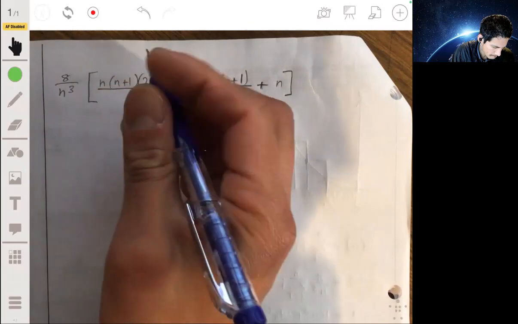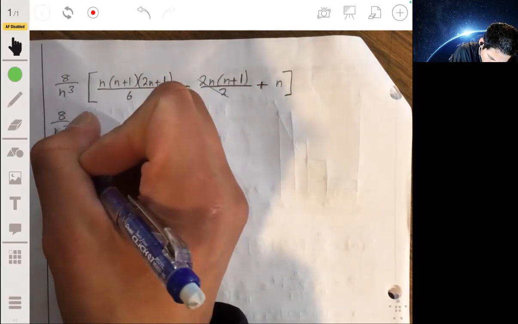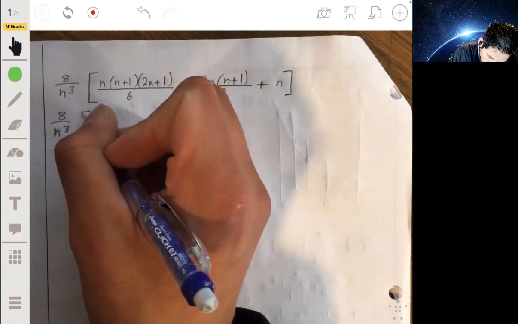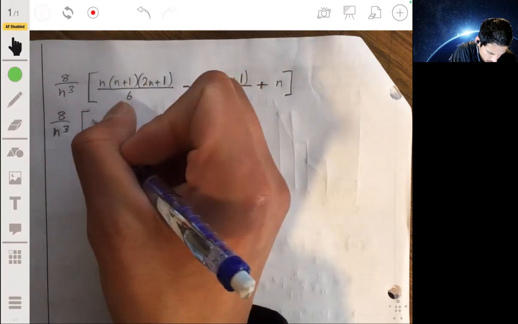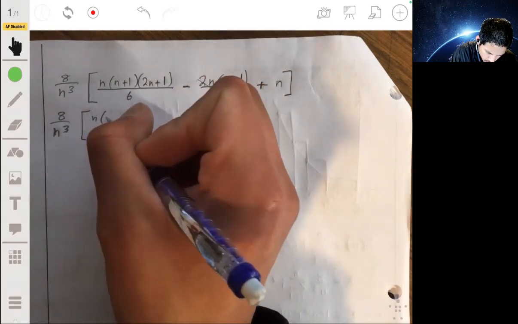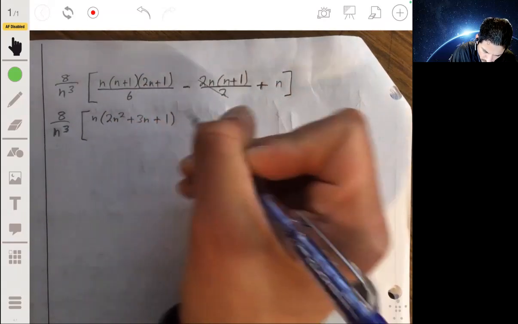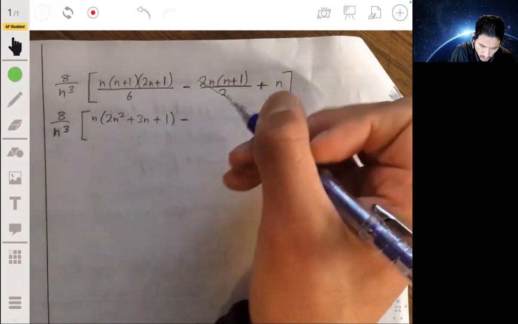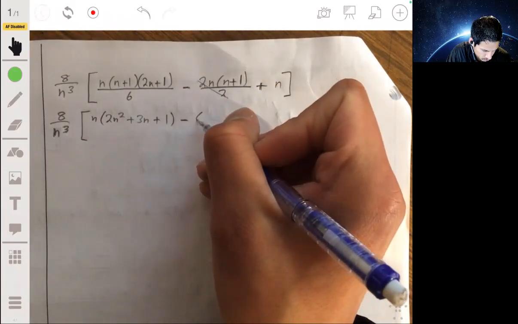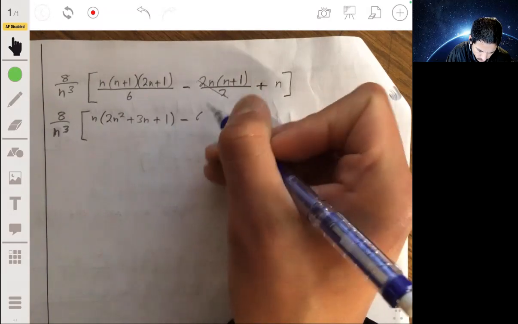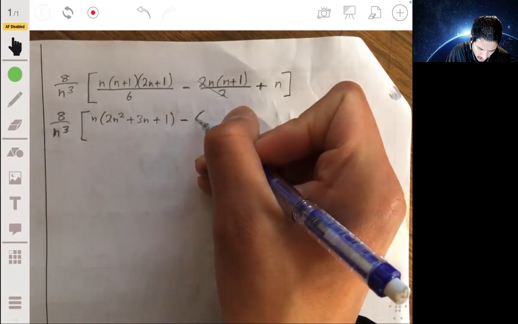So 2n cubed plus 3n squared plus n, minus, so that n squared, I'm going to multiply them also by 6.